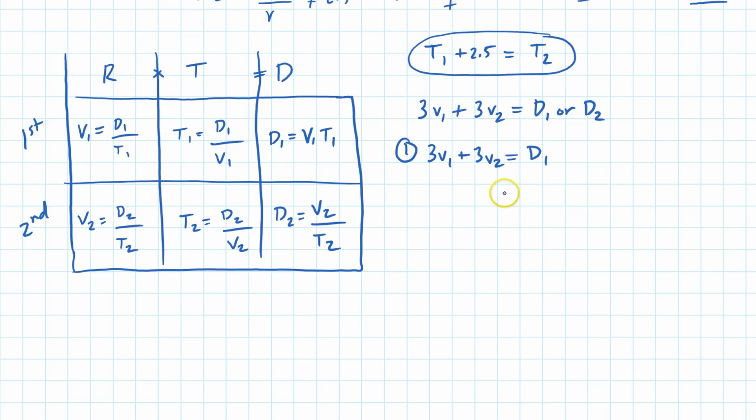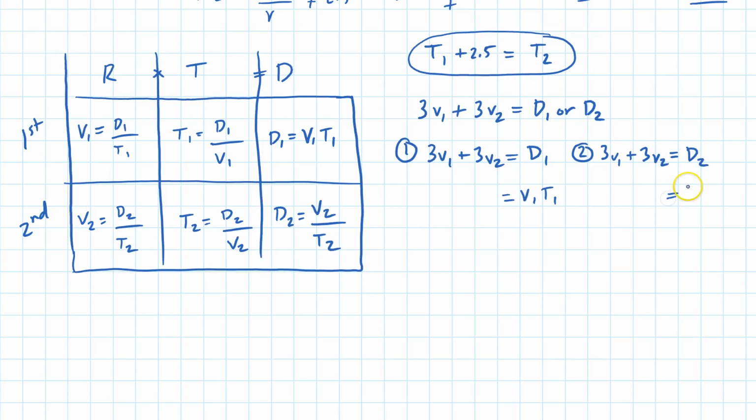Okay, and then what I did, I said d1 is equal to v1 t1. And for the second one, I did 3 times v1 plus 3 times v2 equals d2.